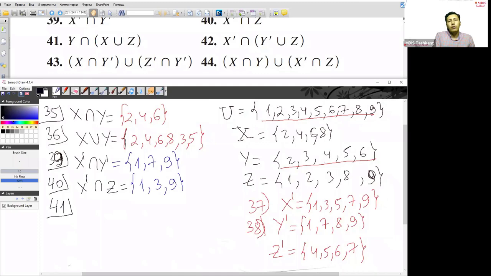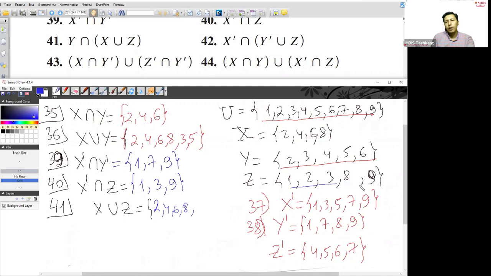So find y intersection with x union z. Let's find x union z first. This one is x, this one is z. So you just unite them. Order doesn't matter, so let's copy x first. 2, 4, 6, 8.